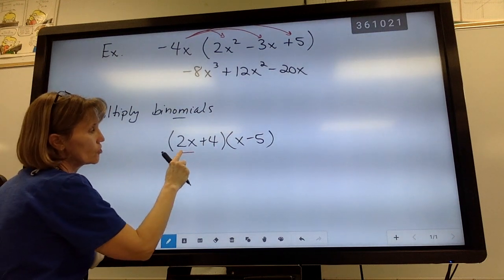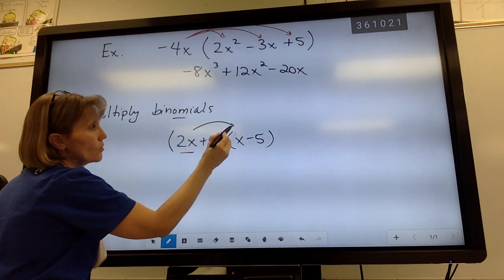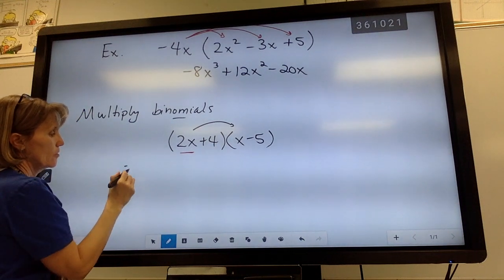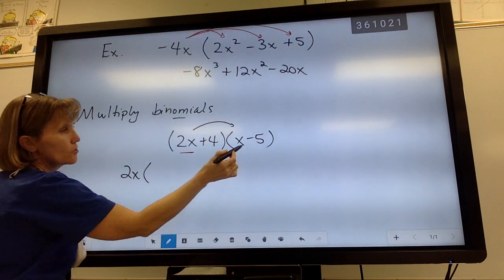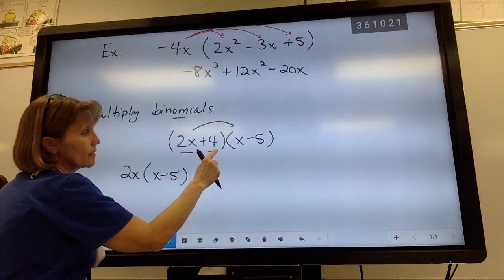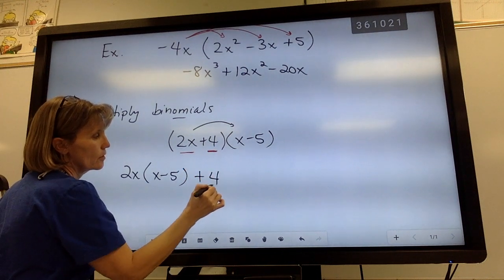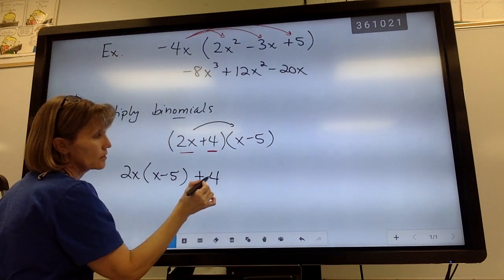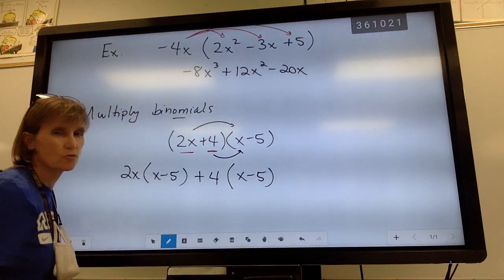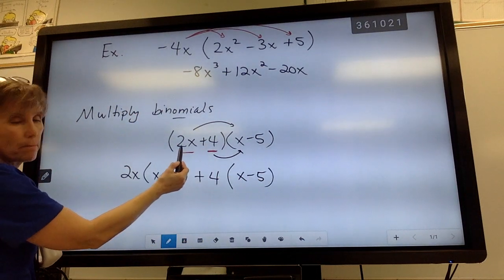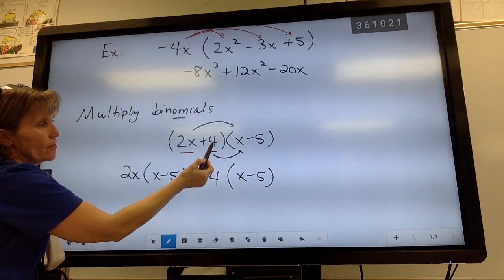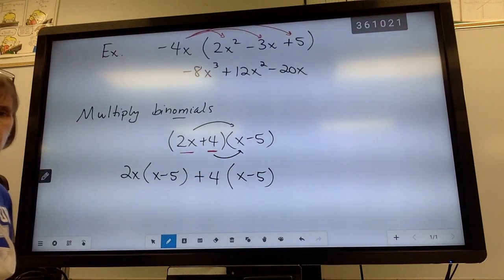We're going to take the first term, the 2x, and multiply it times the x minus 5. Then I'm going to take the second part, plus 4, and take that plus 4 times the x minus 5. So I'm going to break the first binomial up: 2x times the x minus 5, and the +4 times the x minus 5.